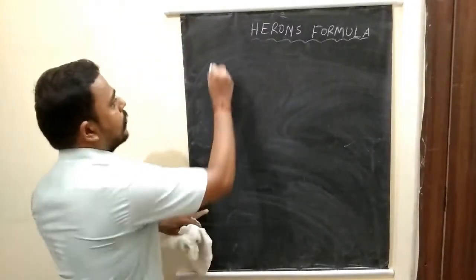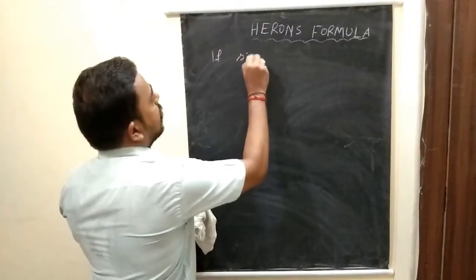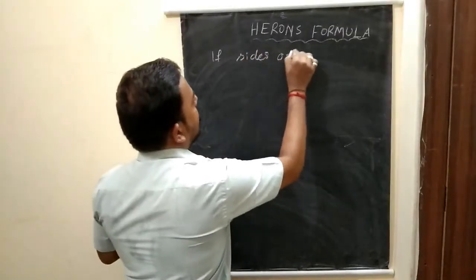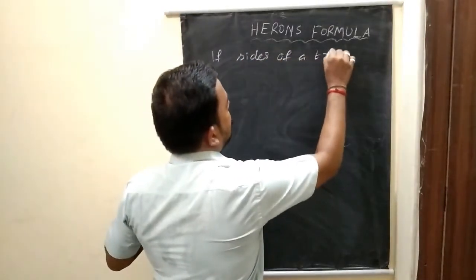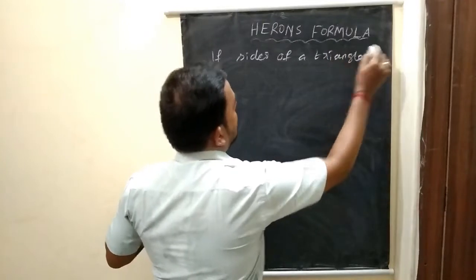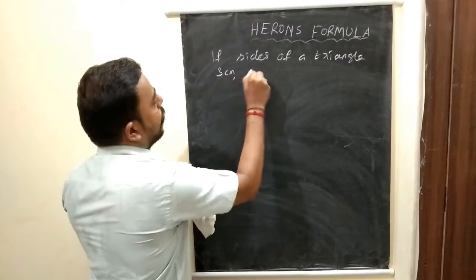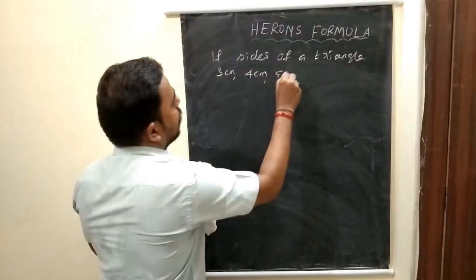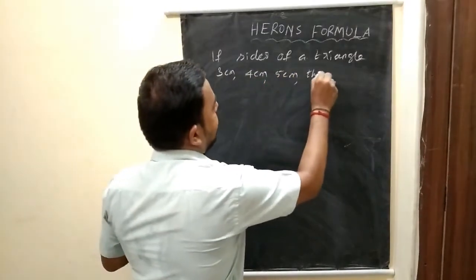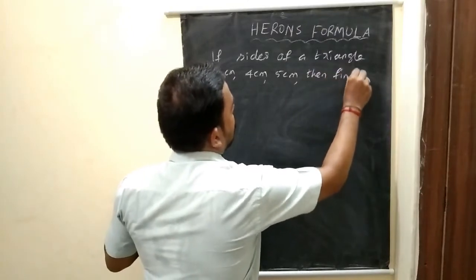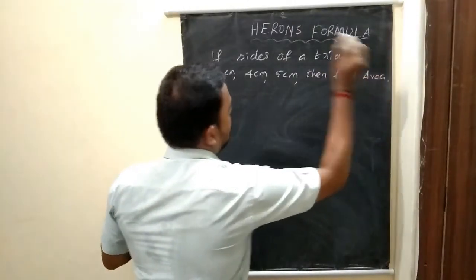Suppose the problem is given: the sides of a triangle are 3 centimeter, 4 centimeter, 5 centimeter, then find the area. This is a question.